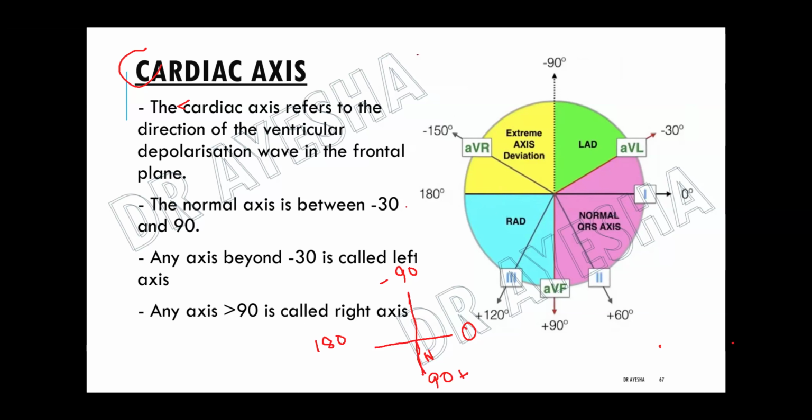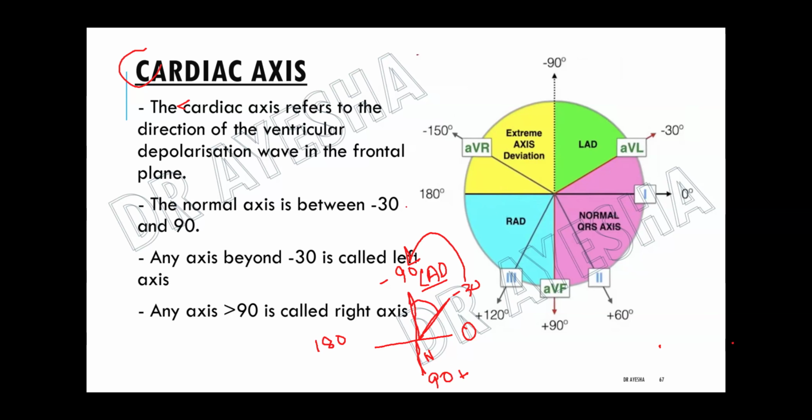If our axis is somewhere in this portion, that means this is left axis deviation. In terms of degrees, remember in the negative: -30 to -90 is left axis, because they can ask in degrees as well.